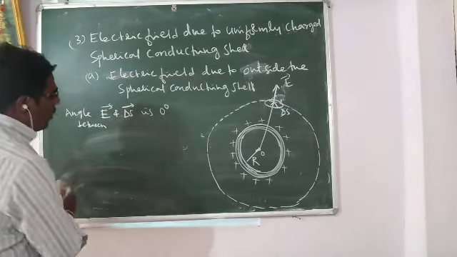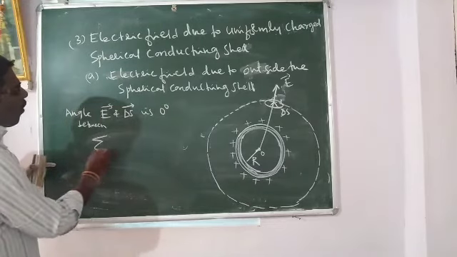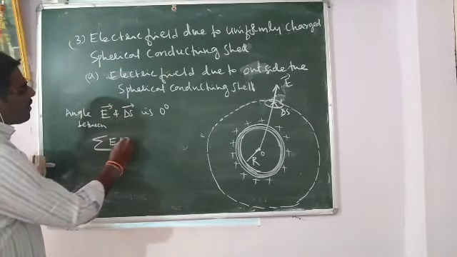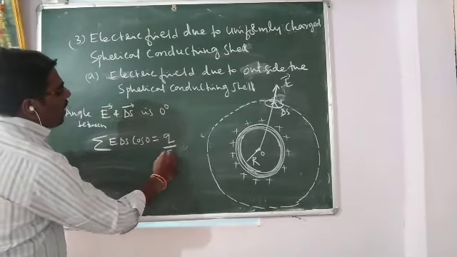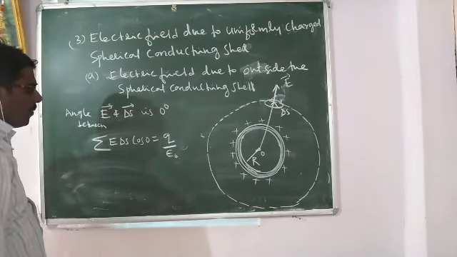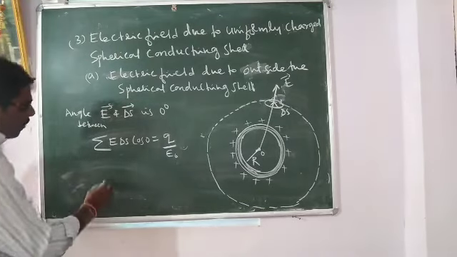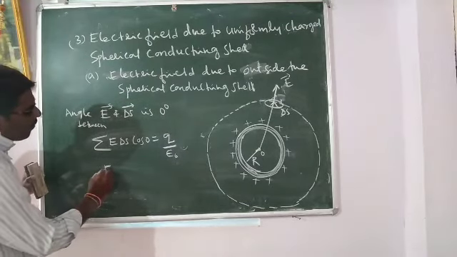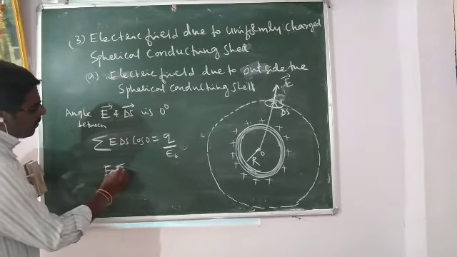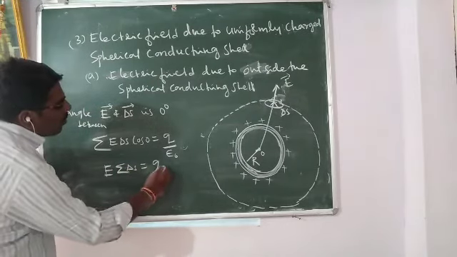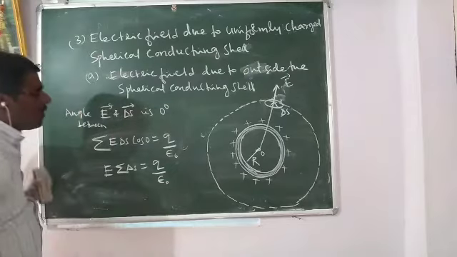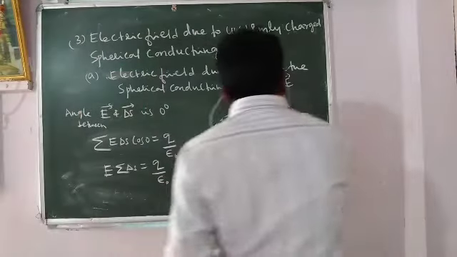When the angle is 0 degrees, summation of E delta S cos 0 is equal to Q by epsilon naught, where cos 0 value is 1. We take E outside the summation. Sum of delta S is equal to Q by epsilon naught. Delta S is only one area element.